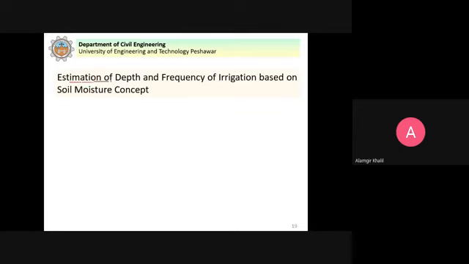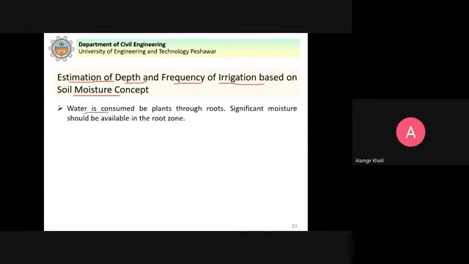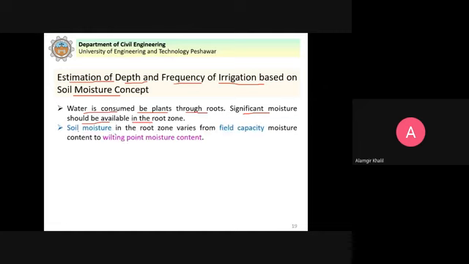Now, estimation of depth and frequency of irrigation based on this soil moisture concept. Water is consumed by plants through roots. Significant moisture should be available in the root zone. Soil moisture in the root zone varies from field capacity moisture content to the wilting point moisture content.